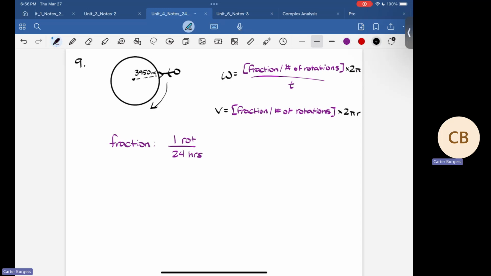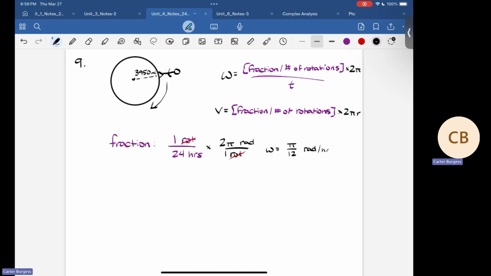That's our fraction. We want to multiply this by the fact that we have 2 pi radians per rotation in order to find our omega. And so my angular speed, I get that this is going to be pi over 12 radians per hour.